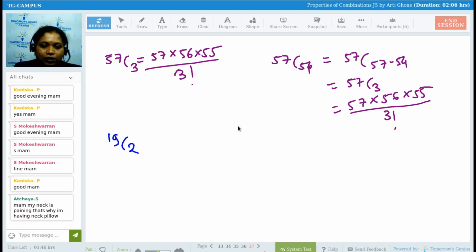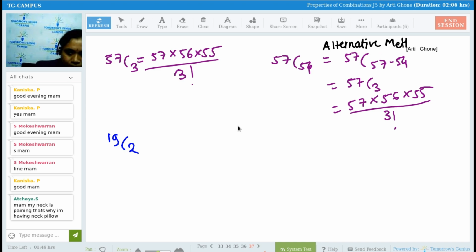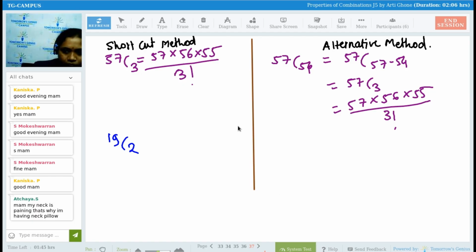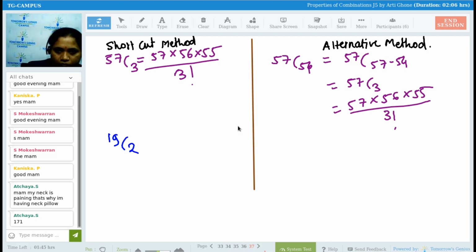Take it 19C2 for your calculations. 171.